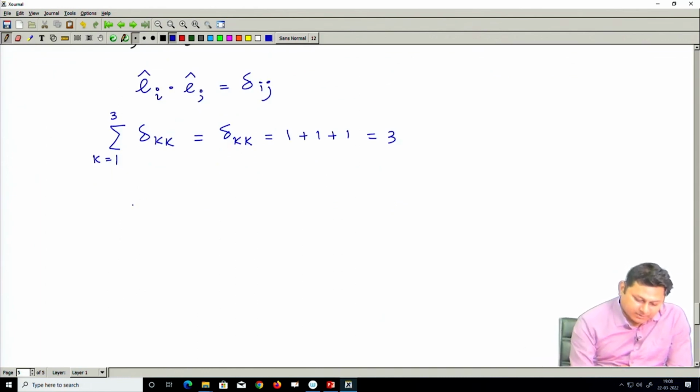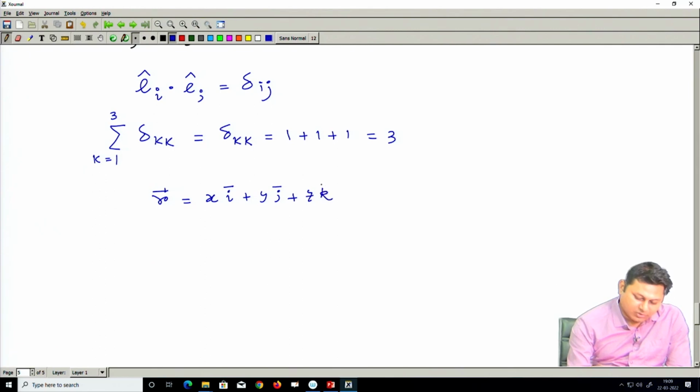Also, I defined r as a position vector in the last class. This is a position vector, and this vector is like x i plus y j plus z k.